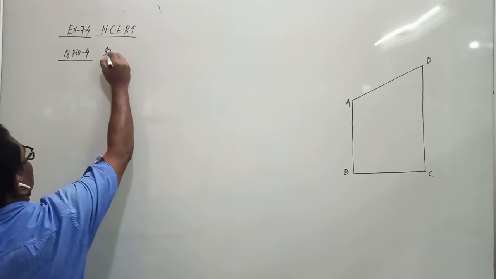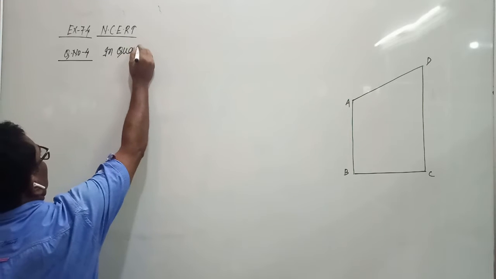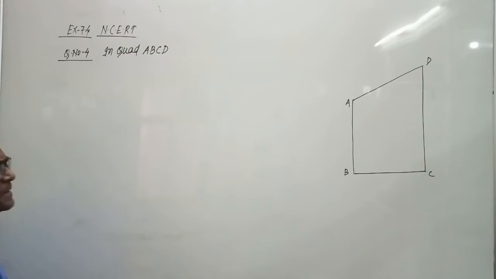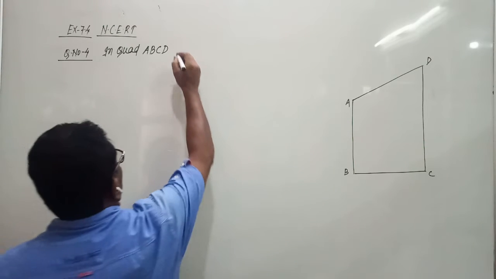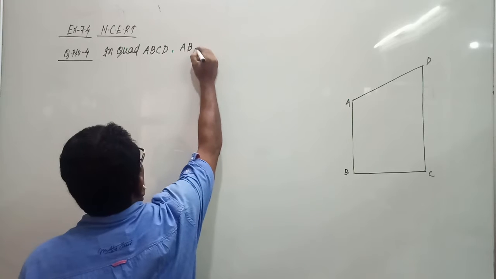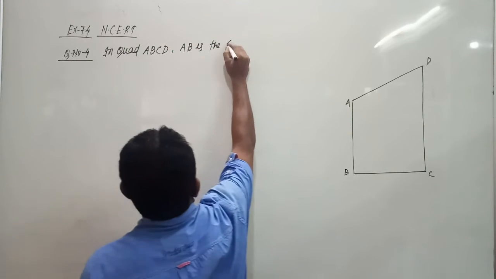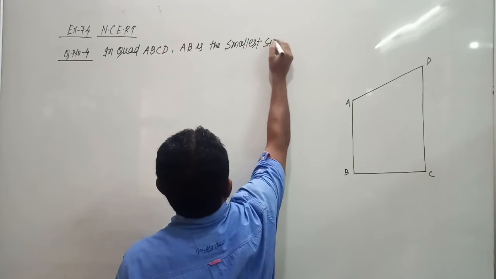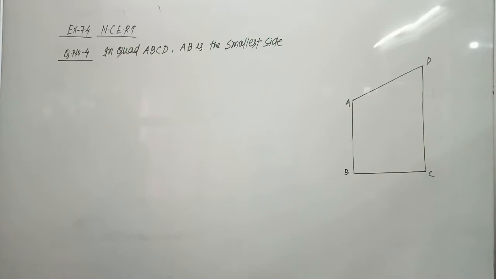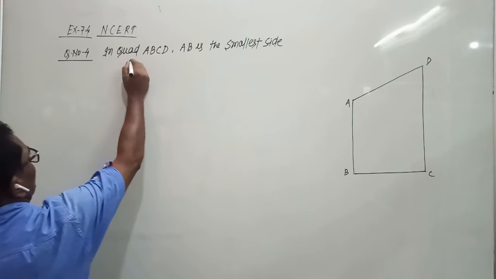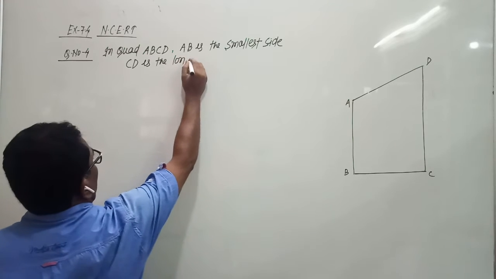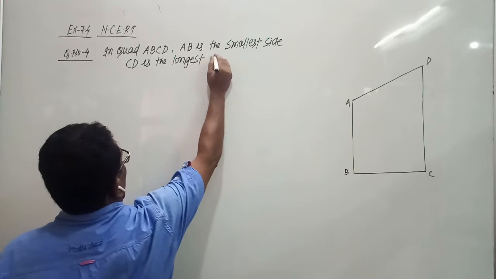In quadrilateral ABCD, AB is the smallest side and CD is the longest side.